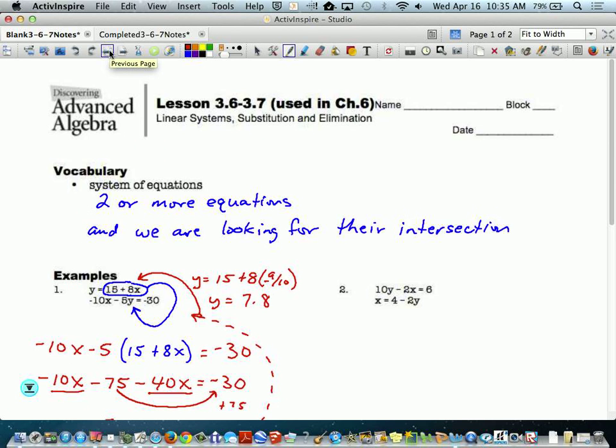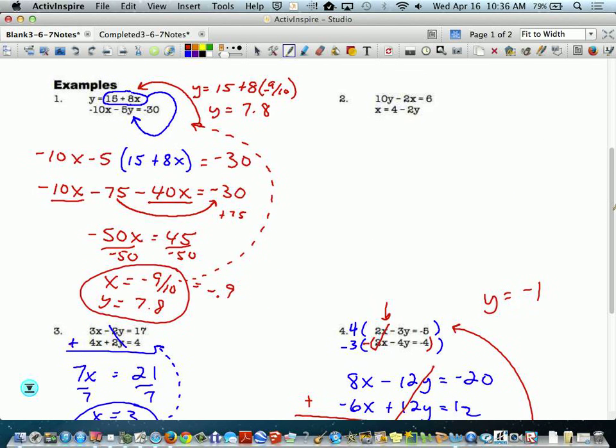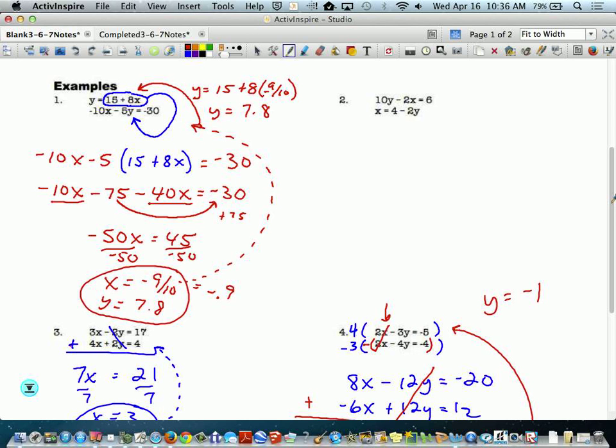Let's go back to a problem that we've already done. Let's just go back to the very first problem. What I want you to do is take this top equation, and I want the 8x to come over to the left.